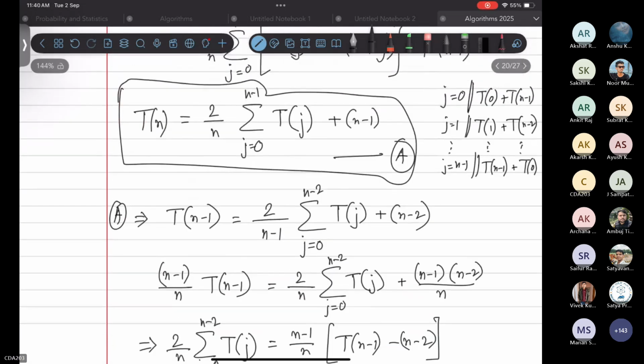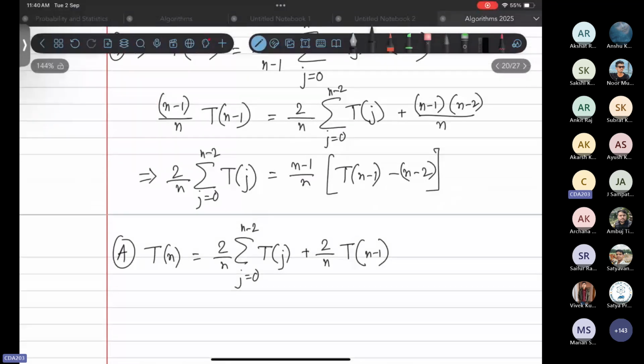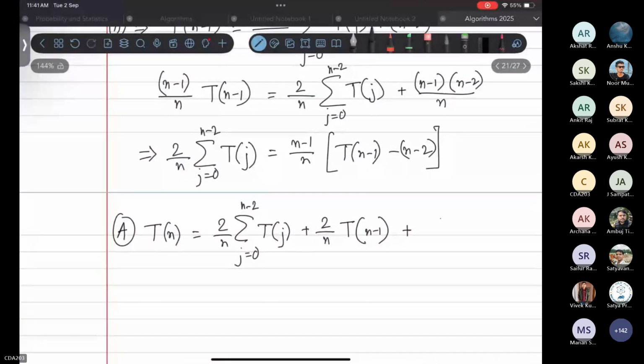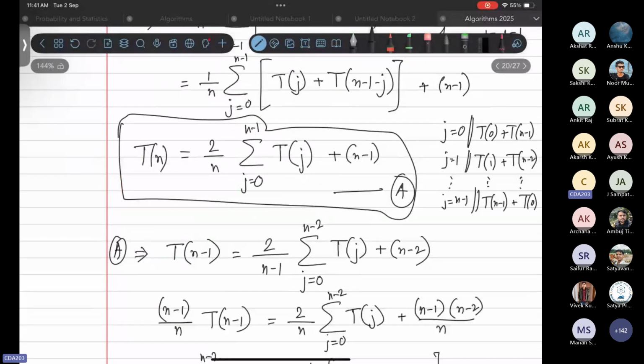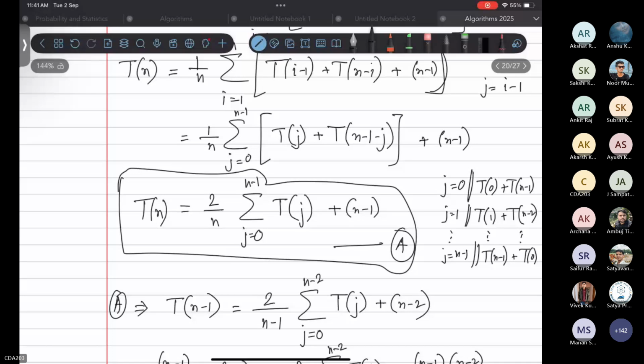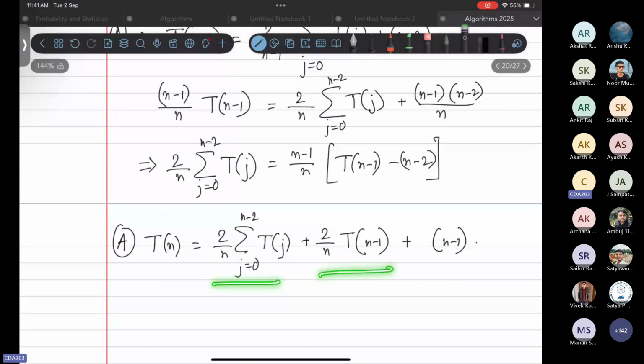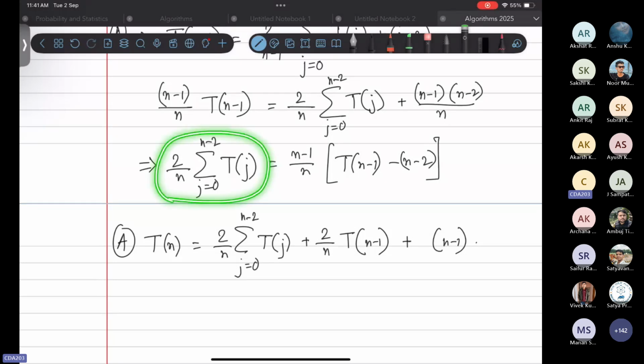And a plus n minus 1, right? Is this okay? So I'm just rewriting. In equation A, I'm breaking this term up into this and this. Why am I doing this? So that I can replace this term here.